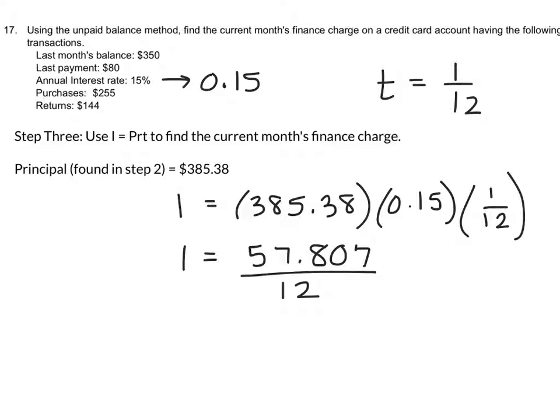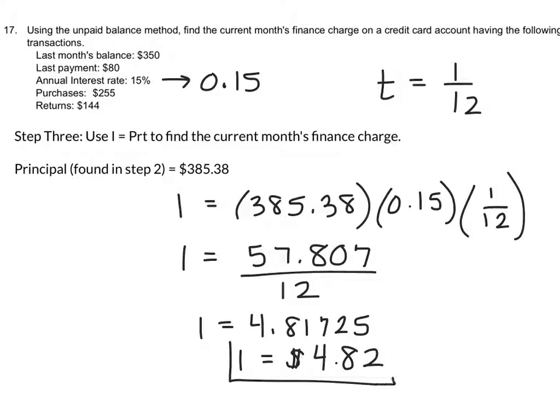So when we do 57.807 divided by 12, we get 4.81725. And I is a monetary amount. It's the finance charge, so we need to round this to the nearest cent or 2 decimal places. Our final answer is $4.82. And this is the final answer to the entire problem.